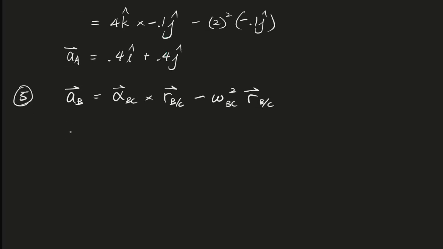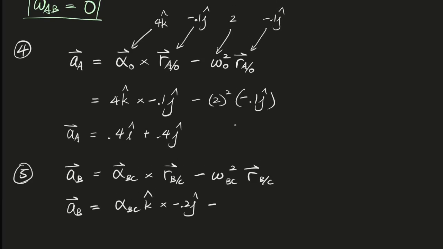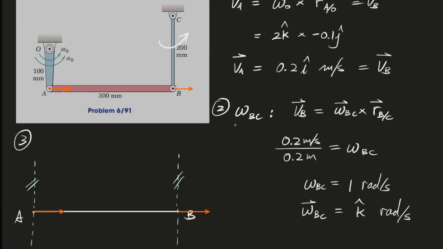So we know that acceleration of B is the magnitude of the angular acceleration of BC in the K direction by assumption cross negative 0.2 in the J direction because it's pointing vertically downwards, minus, now I don't know what the... Did I calculate that in step 2?